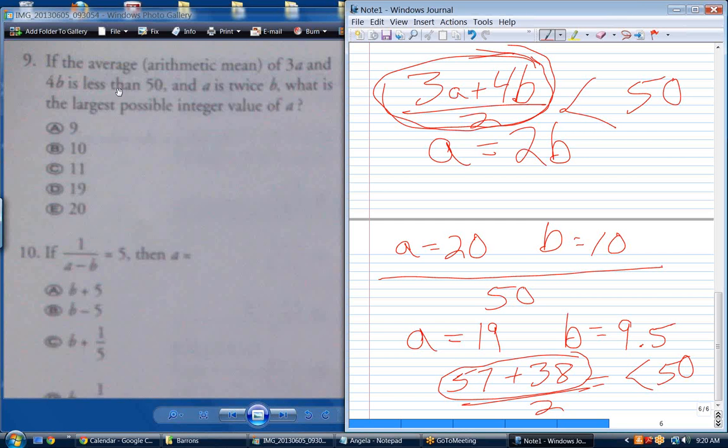So I would say we do need to test it. But when I tested it, I easily got a number that was less than 100, making the average of the two less than 50. So 19 is clearly, hold on a second. Oh, it's because it's number 9. Good.